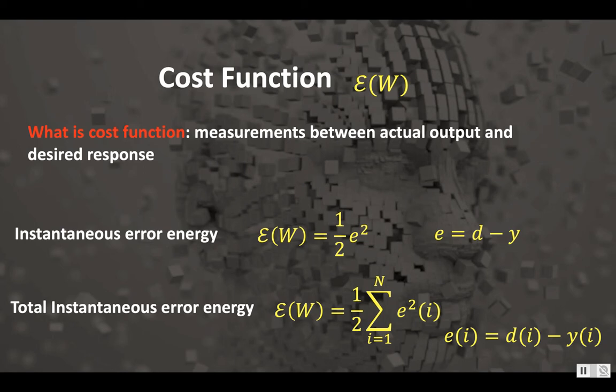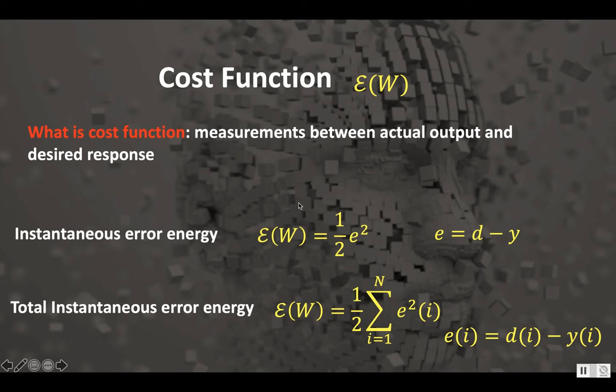About the definition of a cost function, there could be different definitions. One is called the instantaneous error energy. For any single input, you get an actual output, and this differs from your desired response. We call that difference squared the instantaneous error energy cost function.